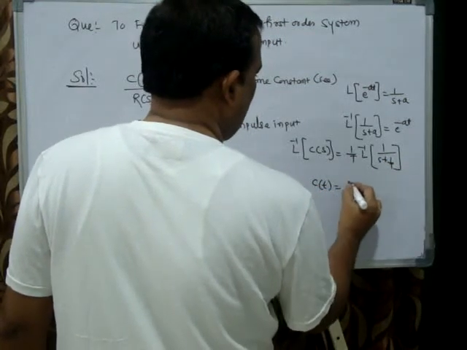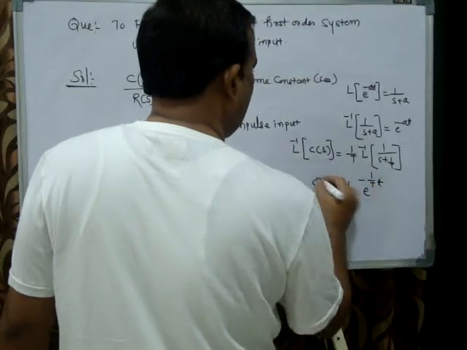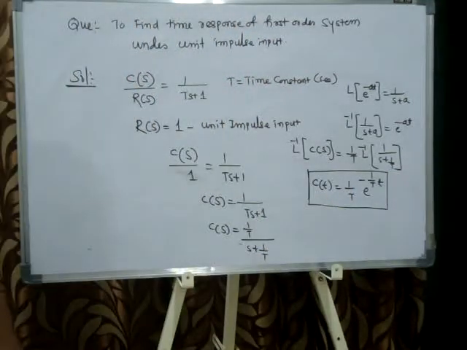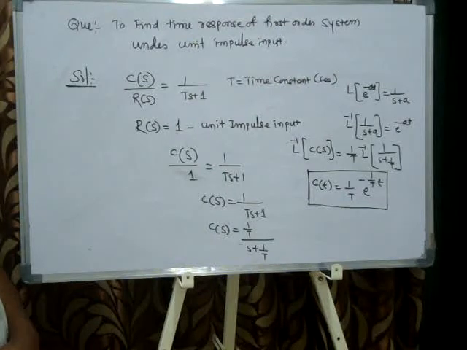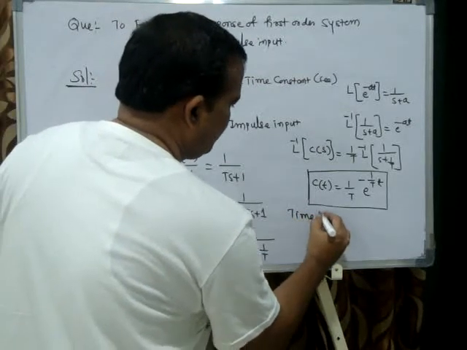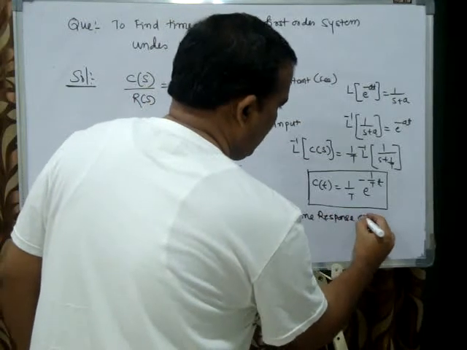C of t equals 1 by t, e raised to minus t by t. This is the time response of first order system under unit impulse input.